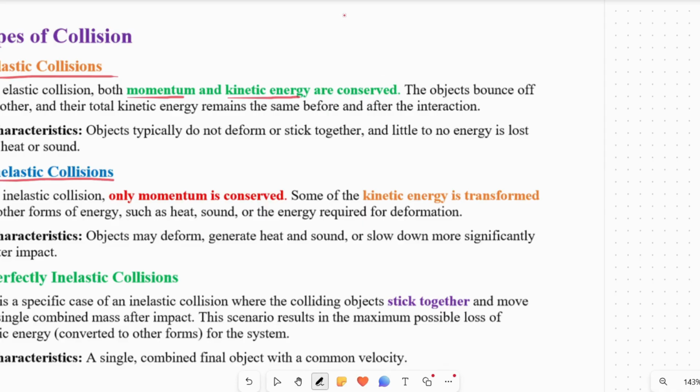The total linear momentum of a system remains the same, but at the same time the sum of kinetic energy initial must be equal to the sum of kinetic energy final. There are two conditions for the collision to be classified as elastic.